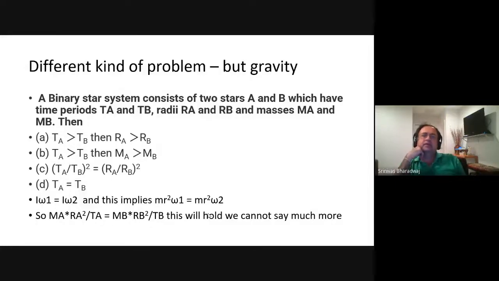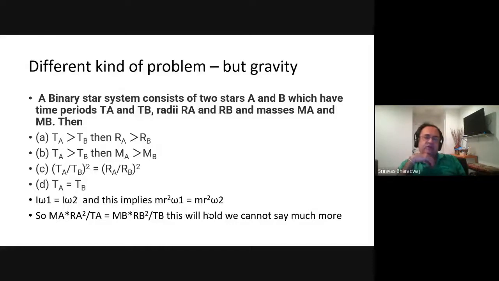Okay, in a binary star system, they're not twin stars. One could be bigger, the other could be smaller. One could have bigger mass, the other smaller mass, but they are revolving around each other, right? And therefore, you cannot say too much in such cases. Will the periods be the same? If TA is greater than TB, then RA is greater than RB.